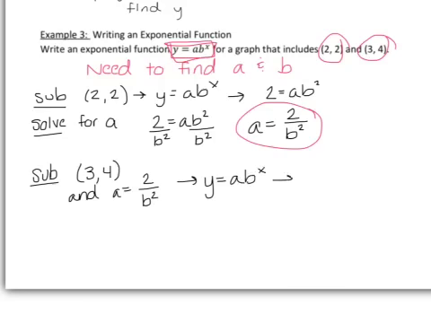Do I need to slow down some? Okay, so for y, I'm going to put in 4. For A, I'm going to put in 2 over B squared. B stays the same. And then for x, I'm going to put in 3. So 4 equals 2 over B squared times B cubed.